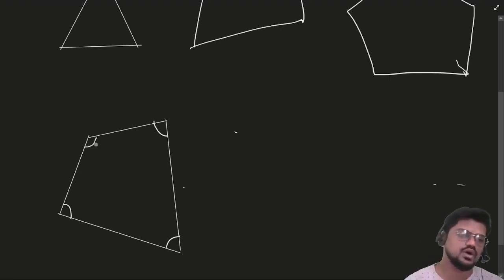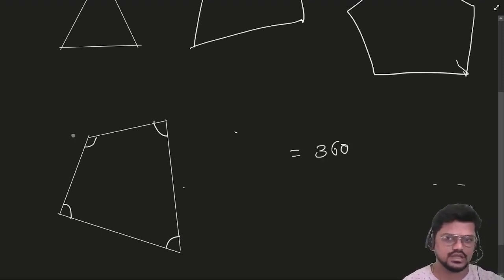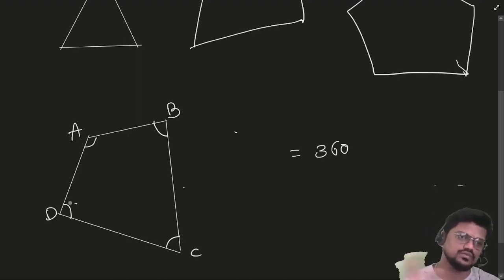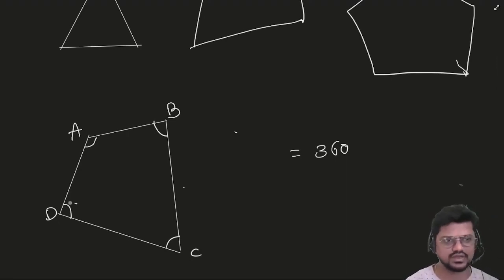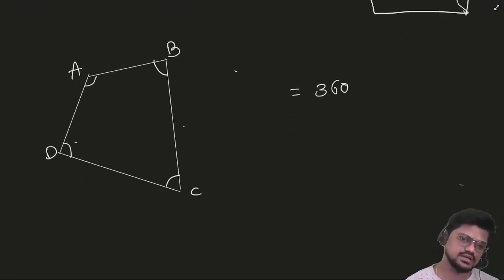If you add all the angles, the answer will be 360 degrees. That means if the quadrilateral is ABCD, angle A plus angle B plus angle C plus angle D will always be 360 degrees. It can be any type of four-sided closed figure.